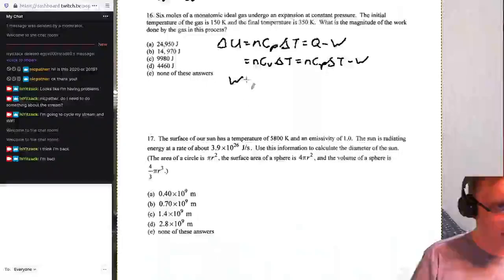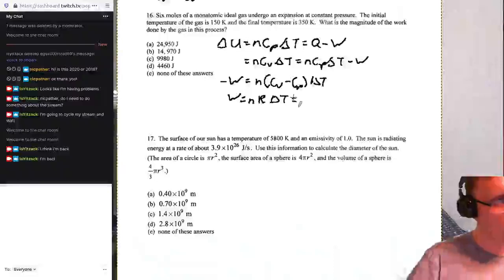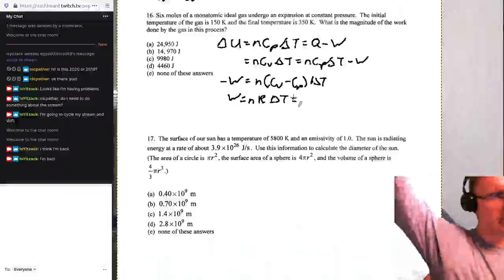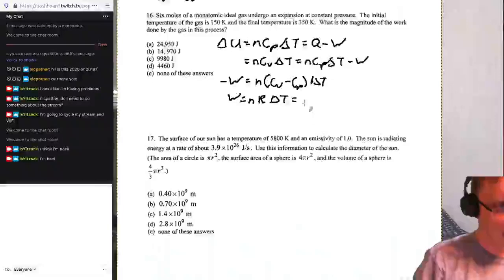So that means the work is equal to N times CV minus CP, delta T. CP moved to that side there. Okay. So the work is equal to N R delta T. There we go. So it doesn't actually matter if it's monatomic or not. It's always going to be the same.